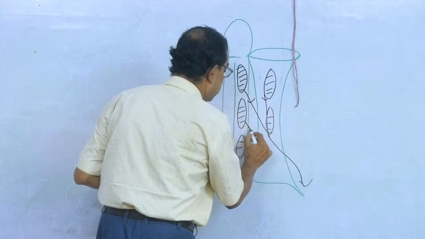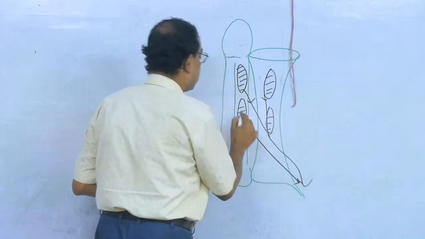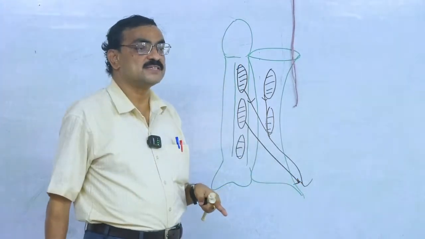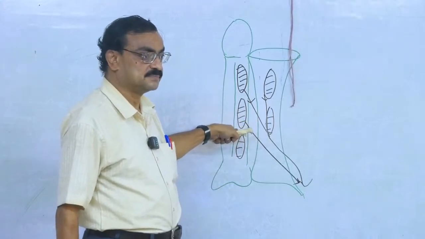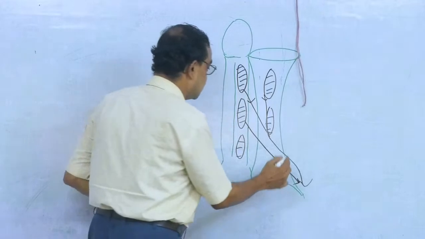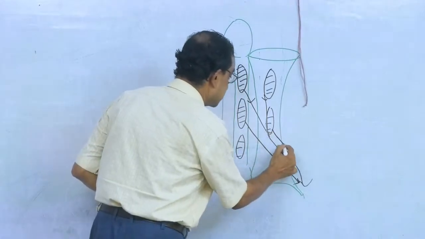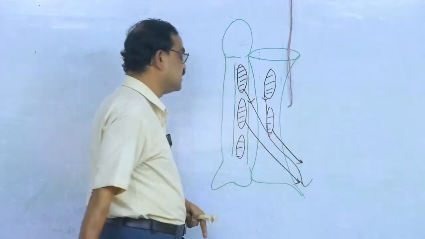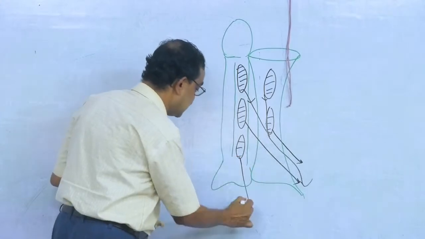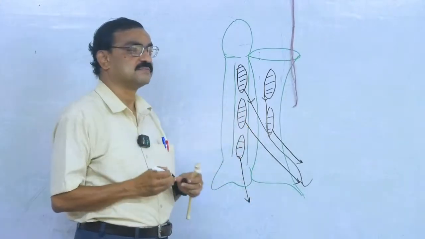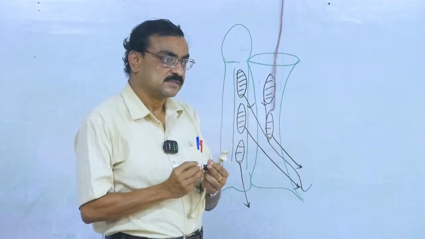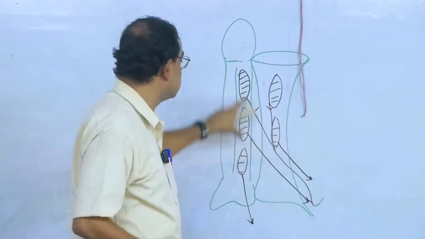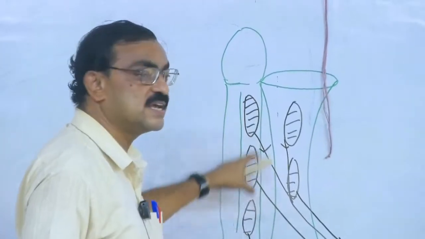Then this is the extensor pollicis longus. This is extensor pollicis brevis and this is extensor indicis. Clear? So three muscles from the posterior surface.